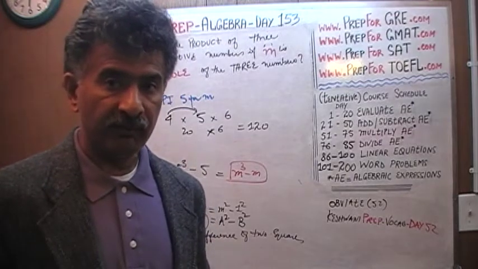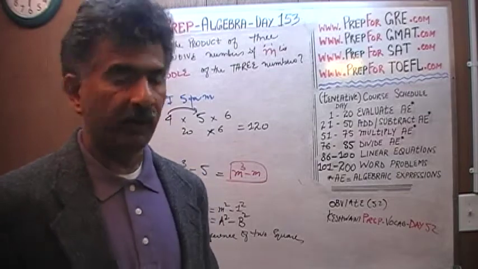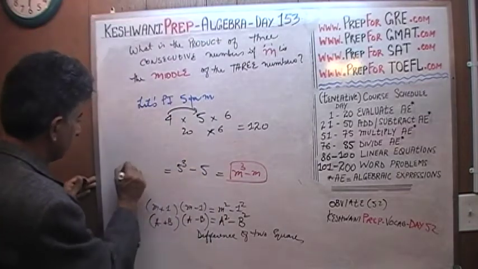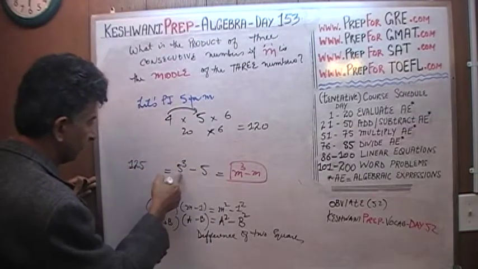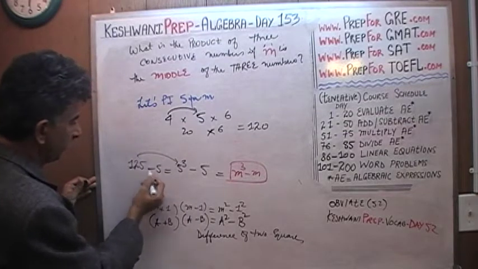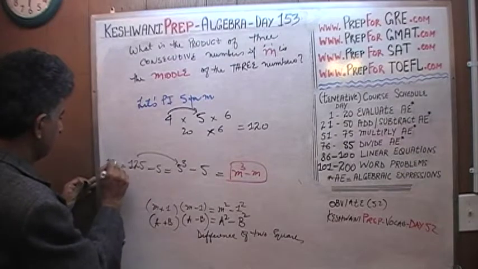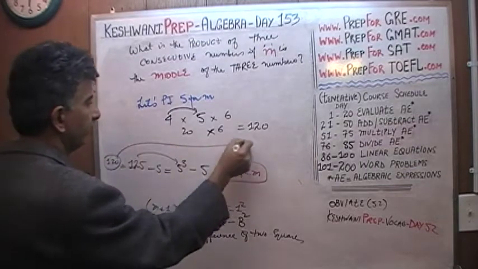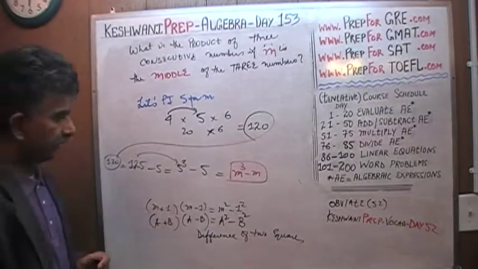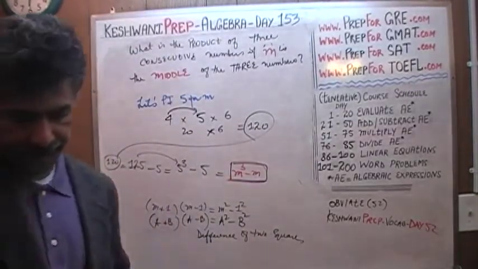If 25 times 4 is 100, then another 25 should make it 125. So we end up with 125, which is your 5 cubed, minus 5. 125 minus 5 should give you 120, which is exactly what we have here. So it turns out this in fact is the right answer.